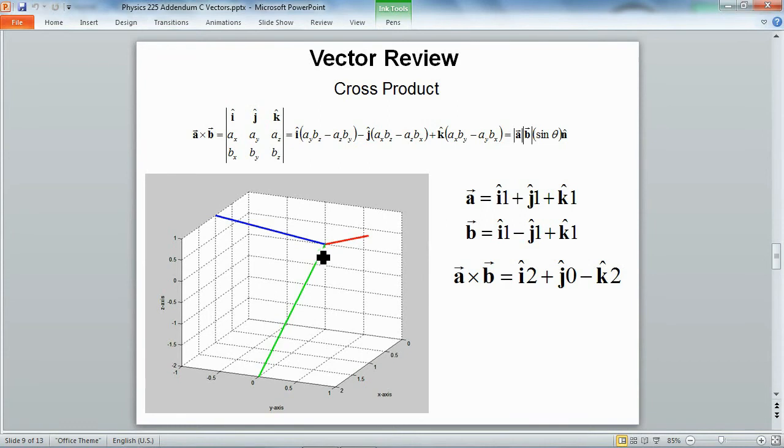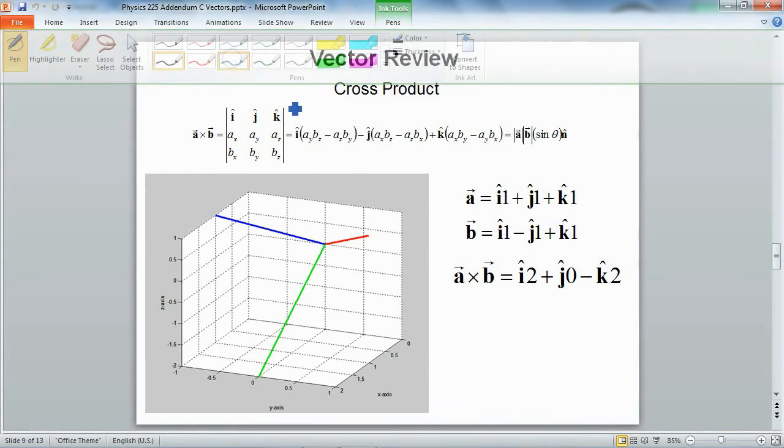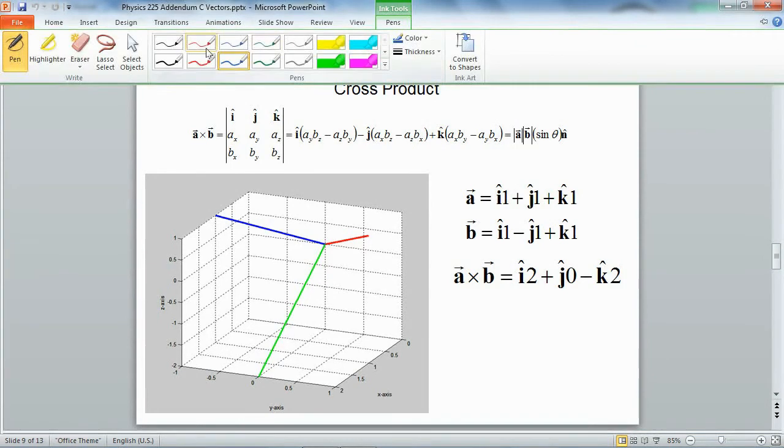But the best way to show it is the A vector, 1, 1, and 1, that is actually going to be the red.